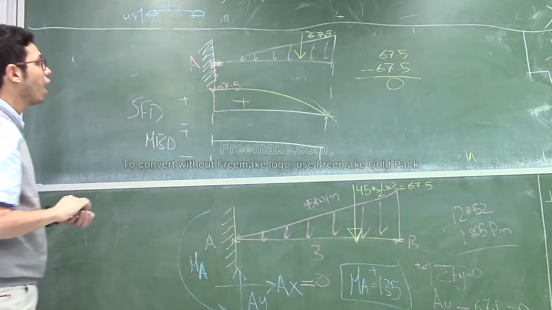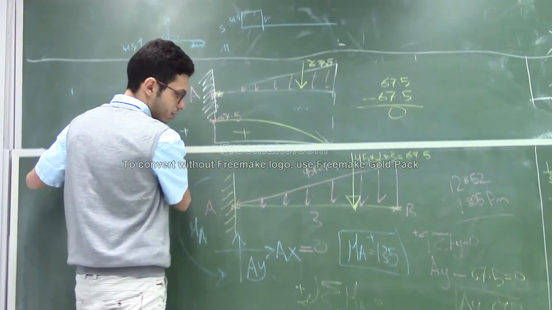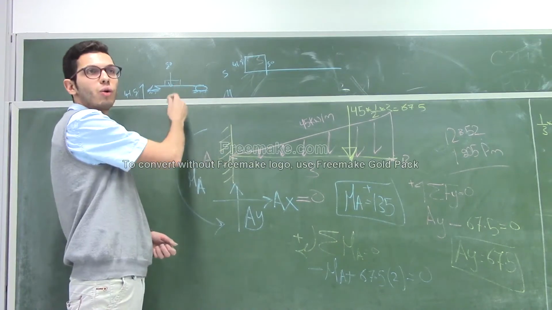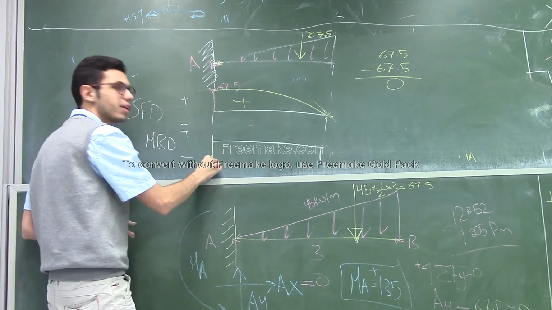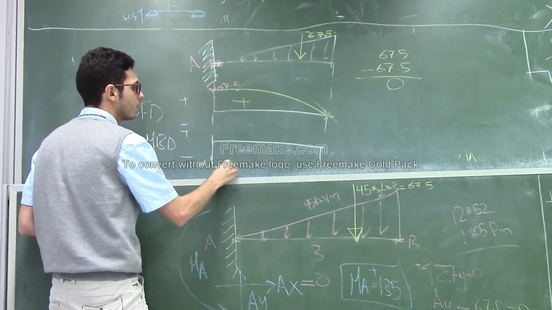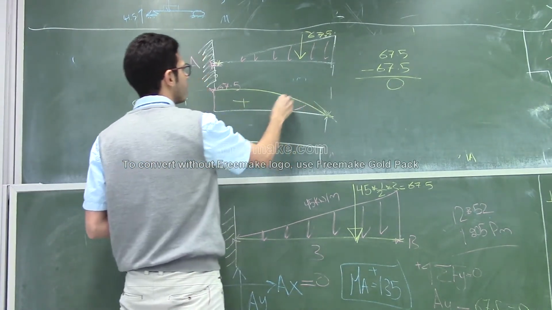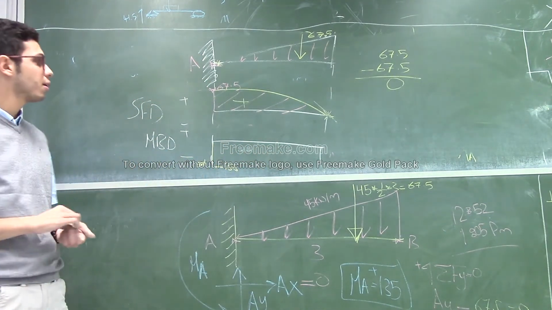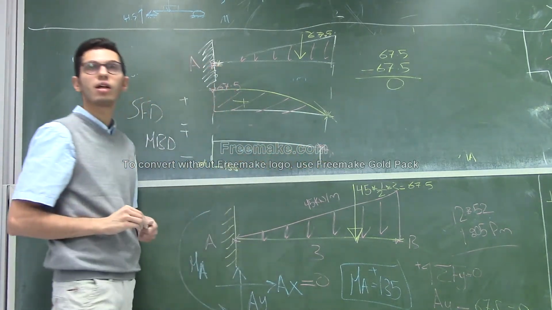Positive, negative. At the fixed support, I have a moment here, right? The moment was equal to 135 and it was counterclockwise. According to the table, counterclockwise means that it's negative. So here I got minus 135, right? And now I should calculate this area, right? But it's not necessary to calculate it. Why? Because obviously I should end with 0.